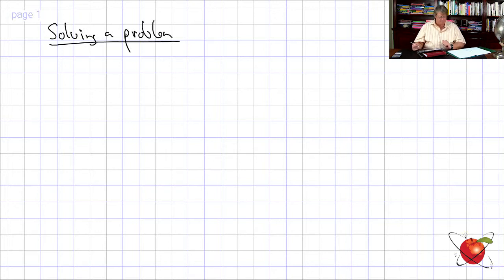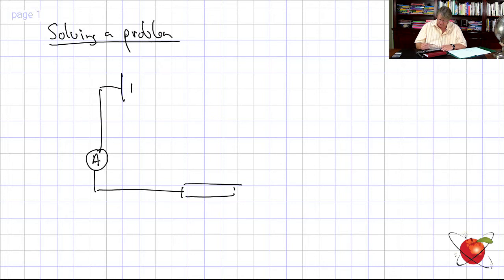First of all, let's say we have a cell over there, an ammeter over here, a resistor over here, and another resistor over here. I use 6 ohms and 6 ohms, and then a switch there and a switch there.